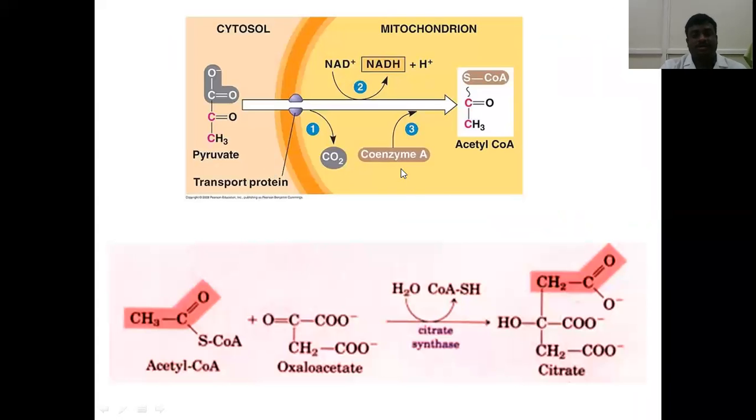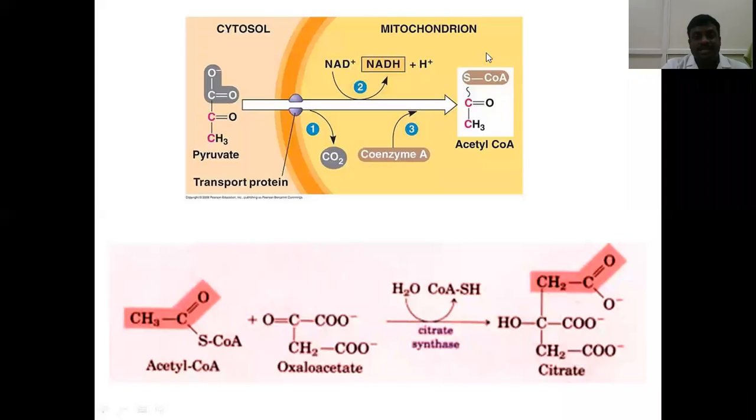How does the reaction take place? Here you can see two reactions. Pyruvate is converted to acetyl coenzyme A, and for this conversion coenzyme A is required, that means vitamin B5 containing coenzyme A. Before conversion, pyruvate loses its carbon dioxide, and then coenzyme A is attached to the first carbon atom.